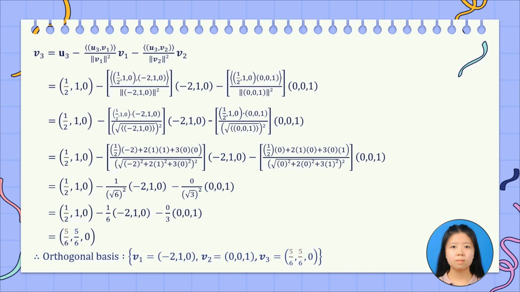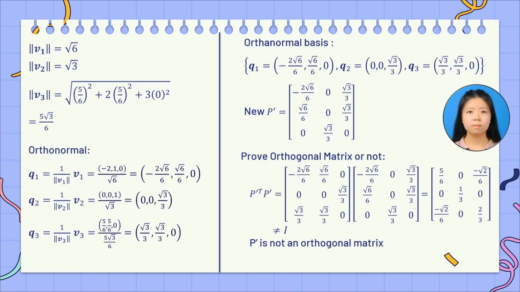Then we move on to the orthonormal basis. We need to check whether the orthogonal basis vectors V1, V2 and V3 are unit vectors with norm 1, as we learned from topic 6.3. So, we substitute each element into the weighted Euclidean inner product norm formula, and we find that all three are not unit vectors since they are not equal to 1.